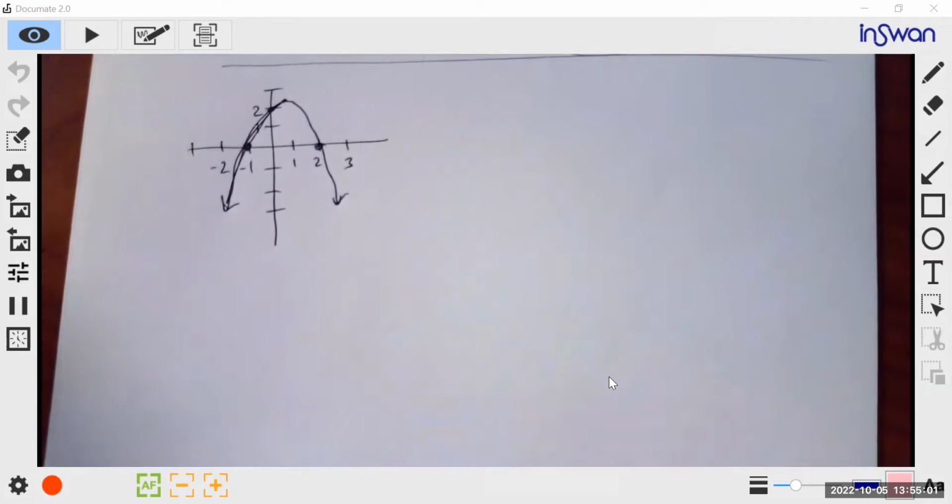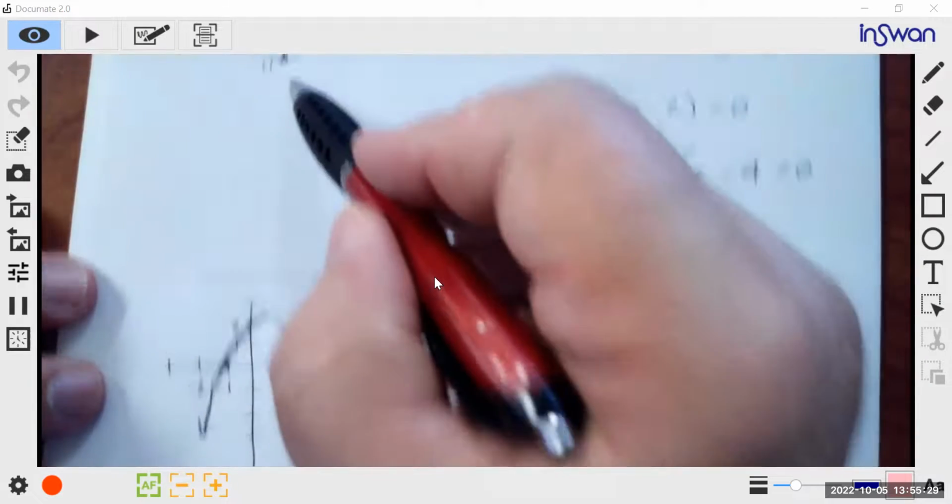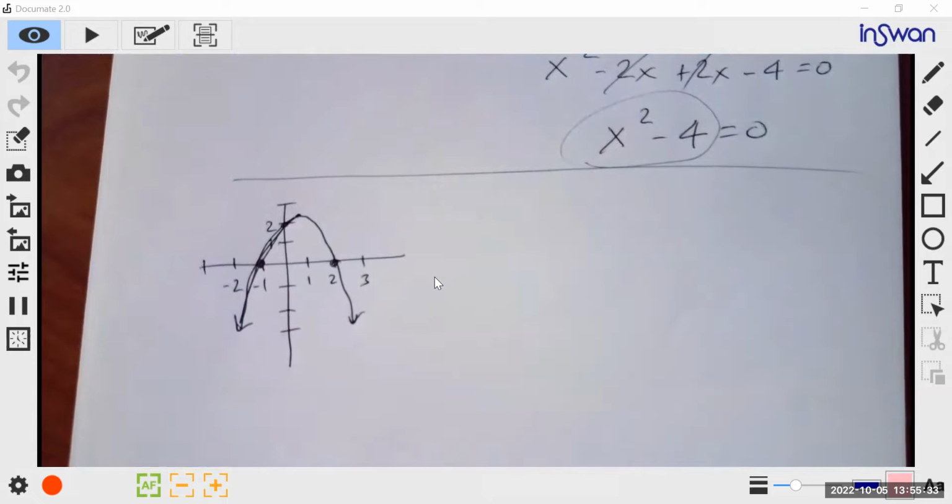How about that one? What's the only difference between this one and the other one we just did? Yeah, it was going up. So the difference between this graph and this graph in the equation would be what?